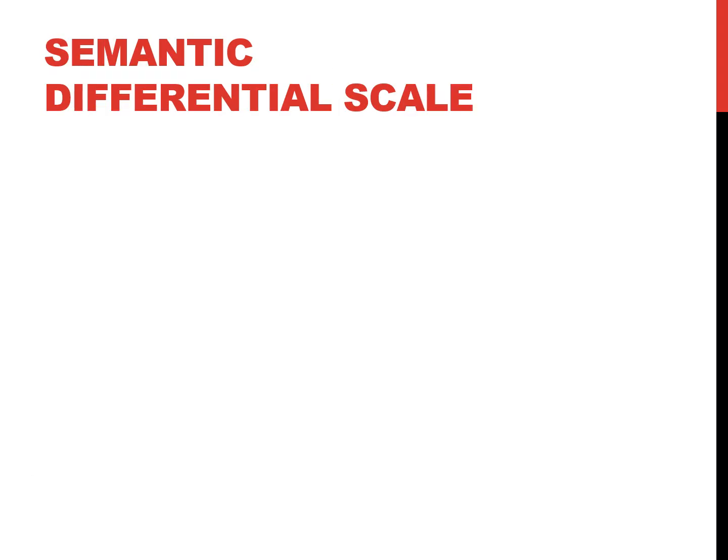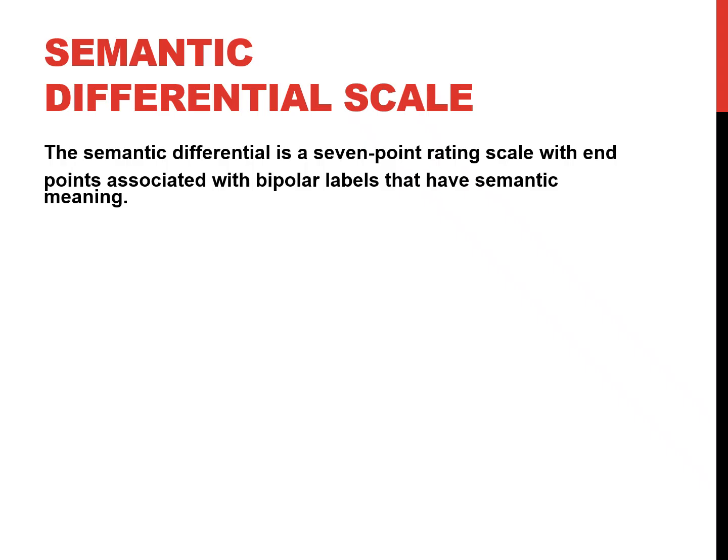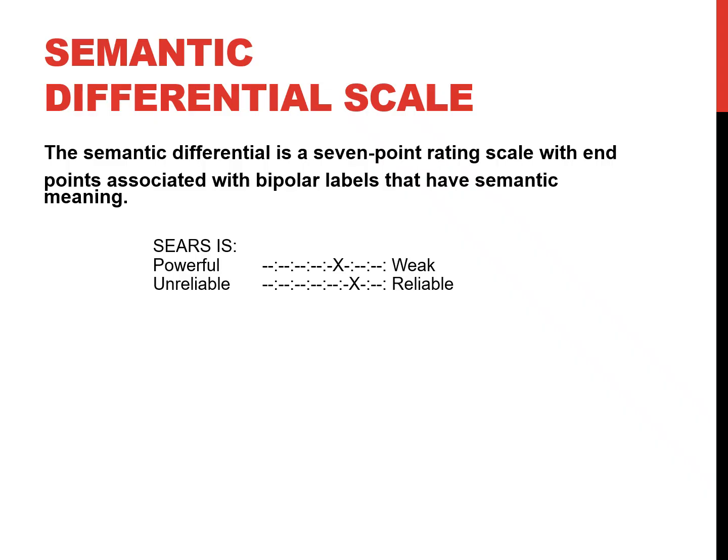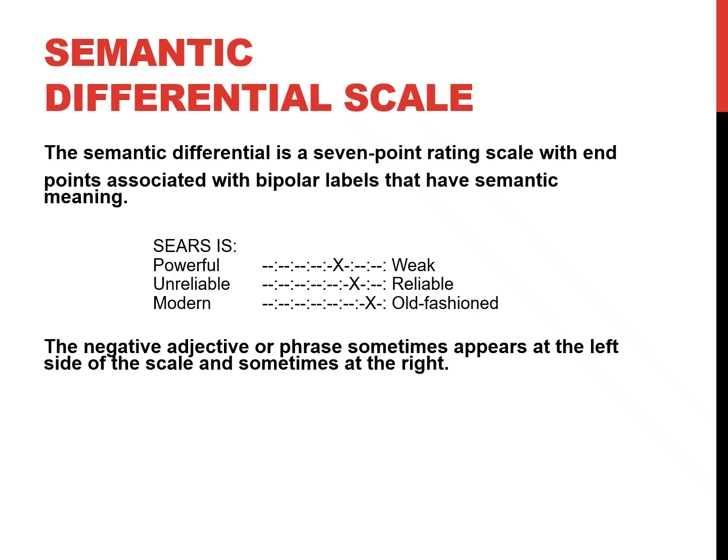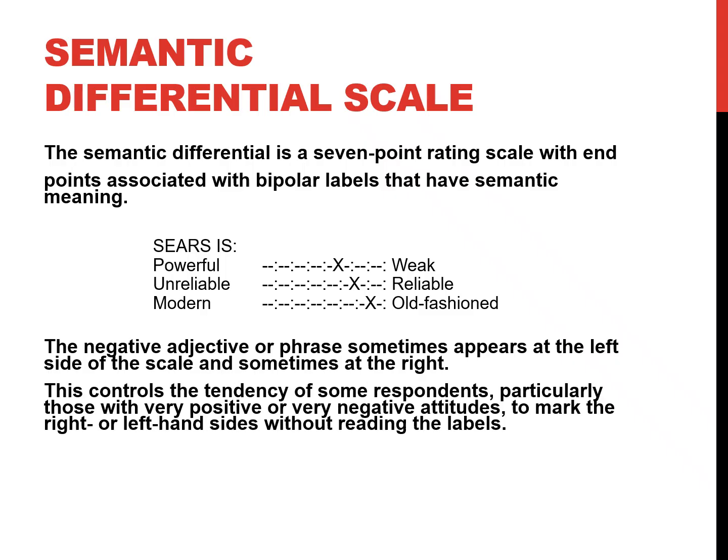Semantic differential, similar, except that you would link it from one dimension to another. So you'd say Sears is powerful or weak, unreliable or reliable, modern or old-fashioned, and generally the negative adjective appears on the left, but as long as it's consistent with your computer program, that's the most important thing.